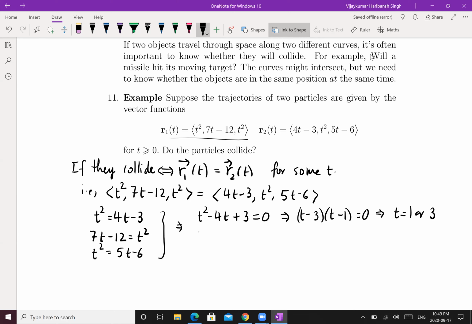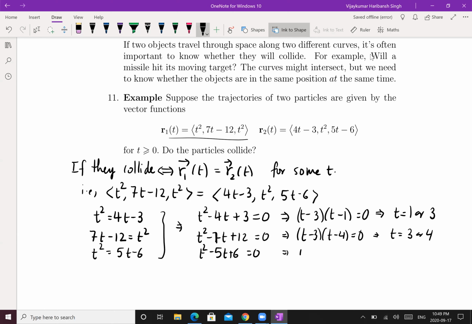Now let's look at the next one. We have t square minus 7t plus 12 equals 0, which implies (t minus 3)(t minus 4) equals 0, which implies t equals 3 or 4. And let's look at this one, t square minus 5t plus 6 equals 0.